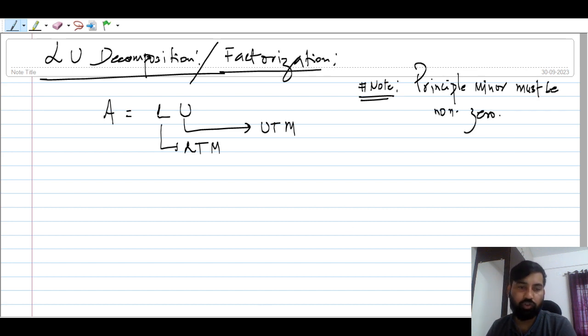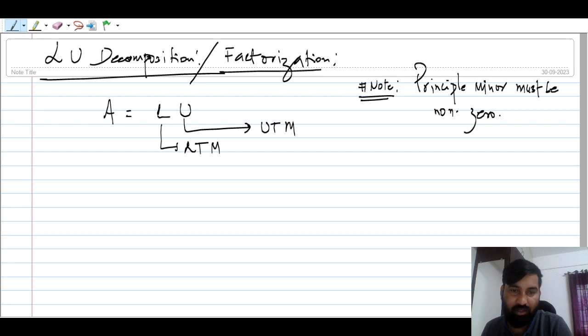If a matrix is given whose principal minors are zero, you cannot decompose it. What is the principal minor I'm talking about? Principal minor means the minor corresponding to the principal diagonal.